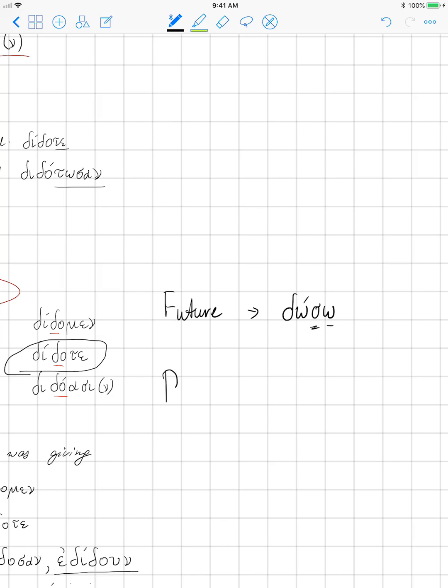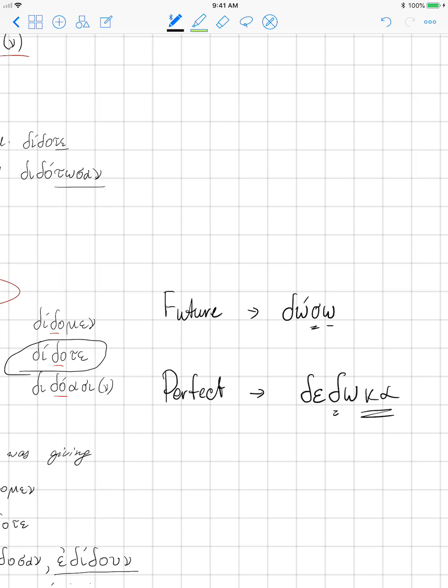Okay, the perfect. We have our stem. We have reduplication. Now it's a different kind of reduplication. It's reduplication that shows the time and the completed action because it's with epsilon. And characteristic ka.